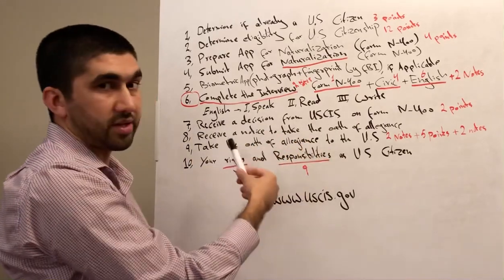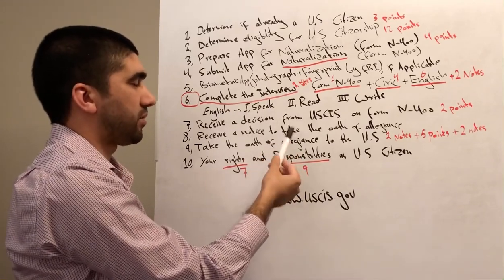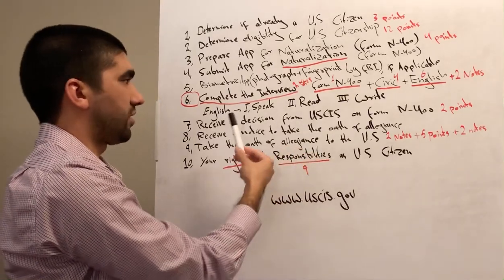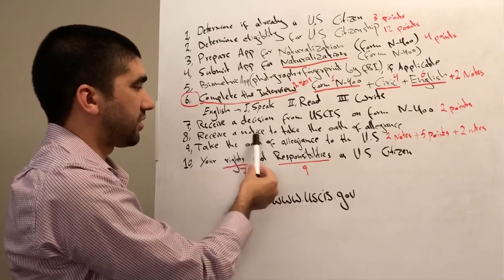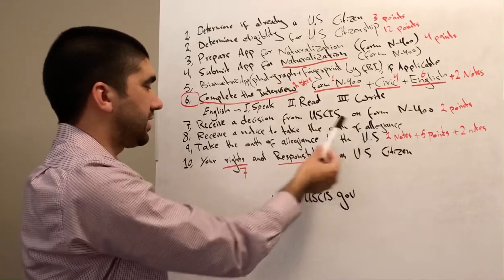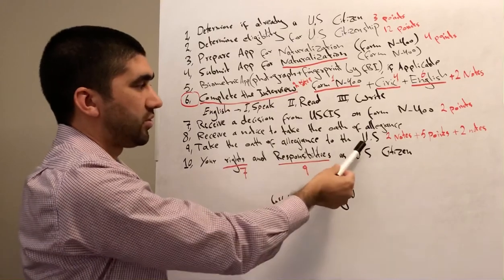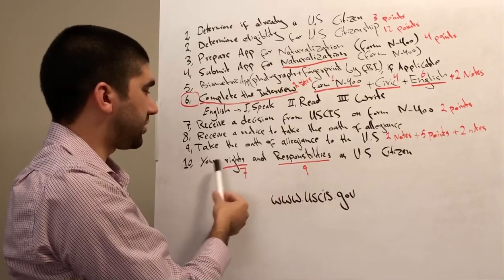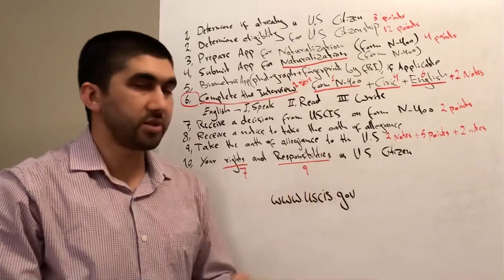Once you're done with the interview, you will receive something in the mail or email, possibly in the mail, with the decision regarding your interview. Then number 8, receive a notice to take the oath of allegiance. Number 9, take the oath of allegiance to the US. And number 10, the last step, your rights and responsibilities as a US citizen.